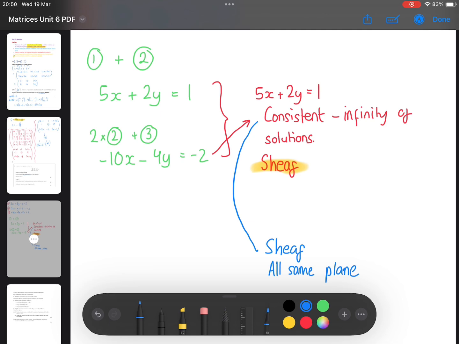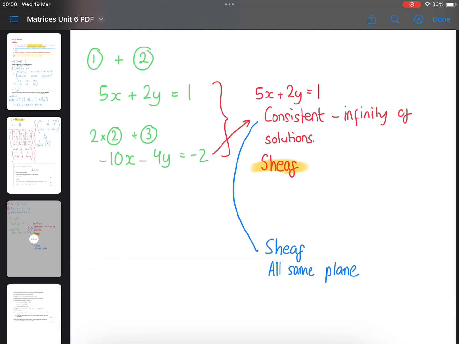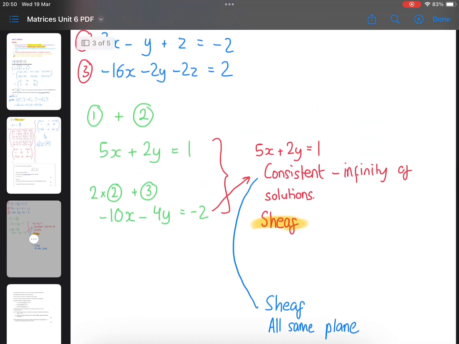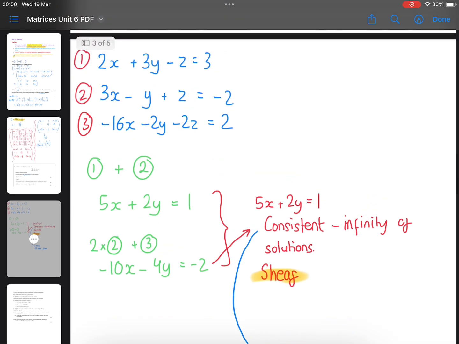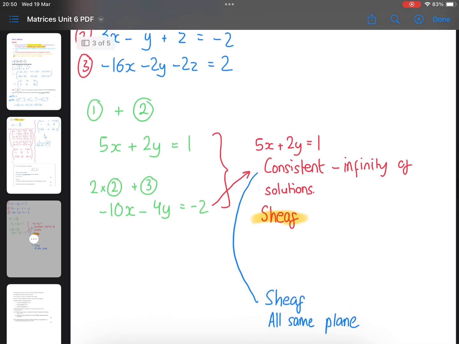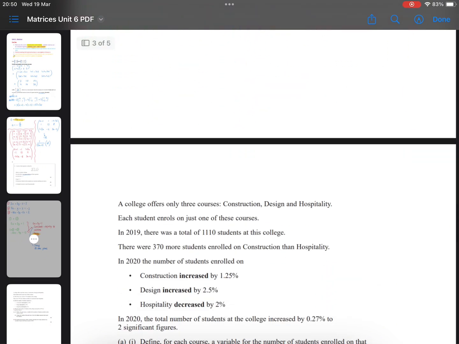And that would be if the initial three equations were all the same. So here, when we've combined the equations by eliminating z from each of them in turn, we've got the same equation. That gives you the sheaf. If all three initial equations are the same, that's when they're all the same plane. And again, that would result in an infinity of solutions.